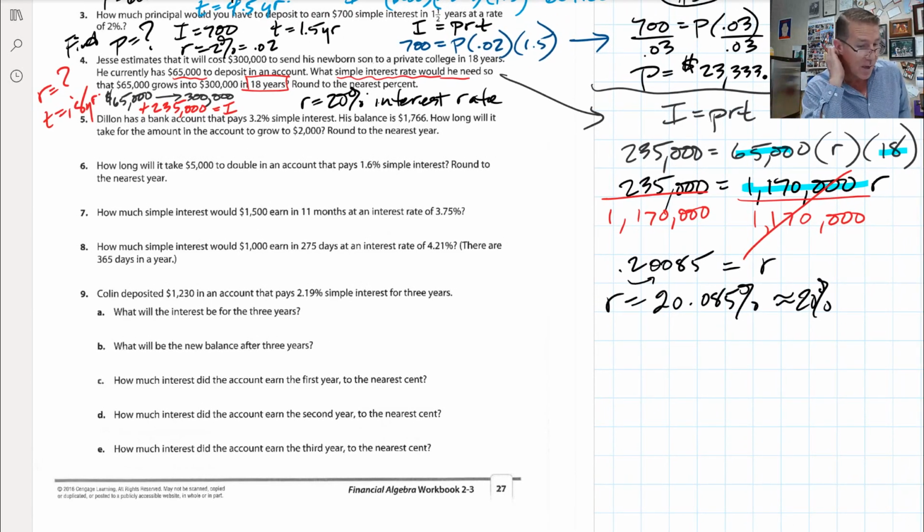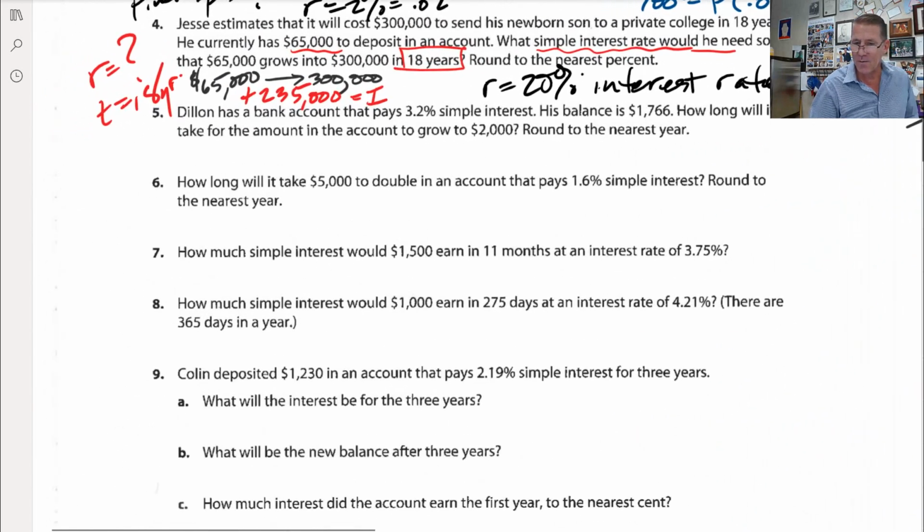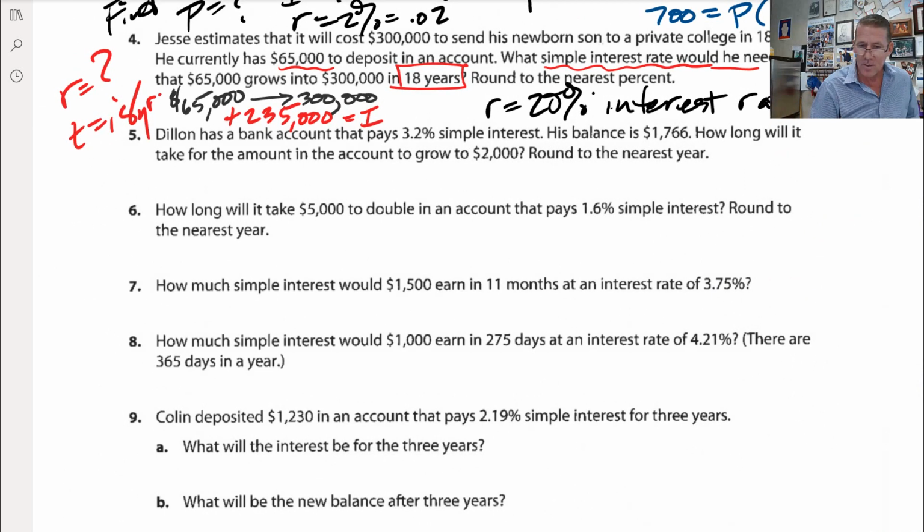No bank on the planet will do that because interest rates, especially on a savings account, max out at about 2-3%. Now, if you put this money in the stock market, you might be able to get 10-12%, but usually not 20, that's super high. Unless you're doing a very, very risky investment where the interest rate is super high.